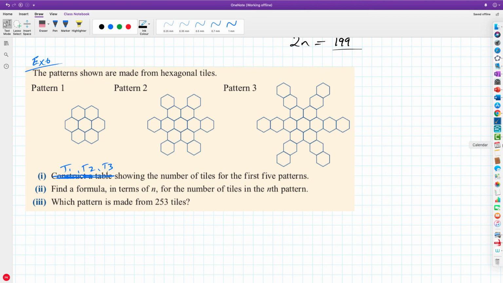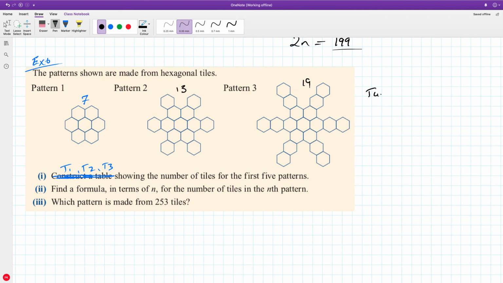Right, so how many in the first pattern? How many is in here? 7 and 19. And what's in the next two? Tn is equal to?